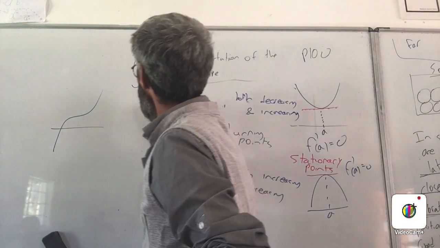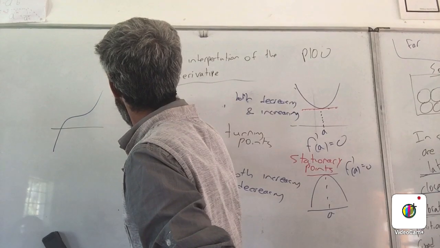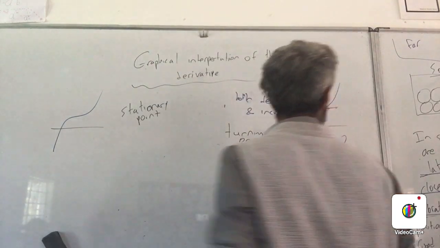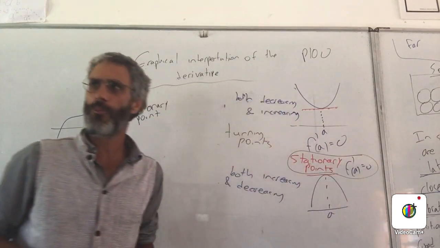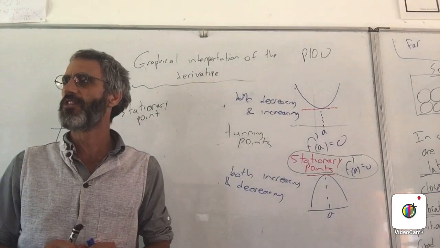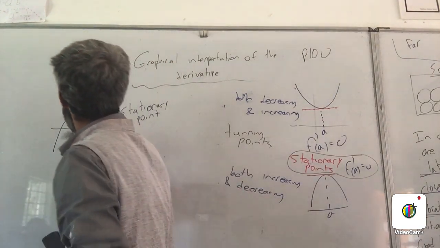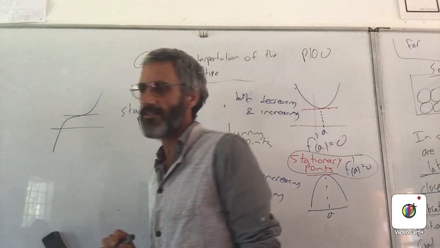Okay, right? So that is also a stationary point. What is actually the definition of a stationary point? The derivative at that point must be 0. In a stationary point, the derivative is 0. And you can see that if I was to draw a tangent here, the derivative is 0.